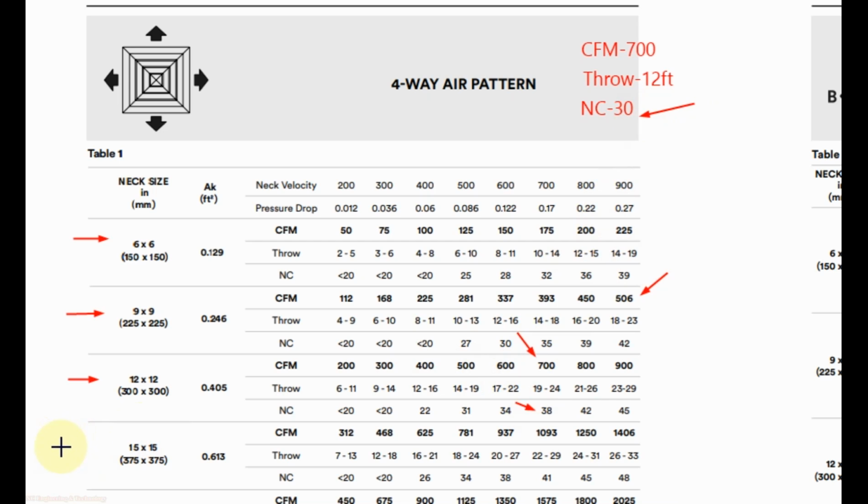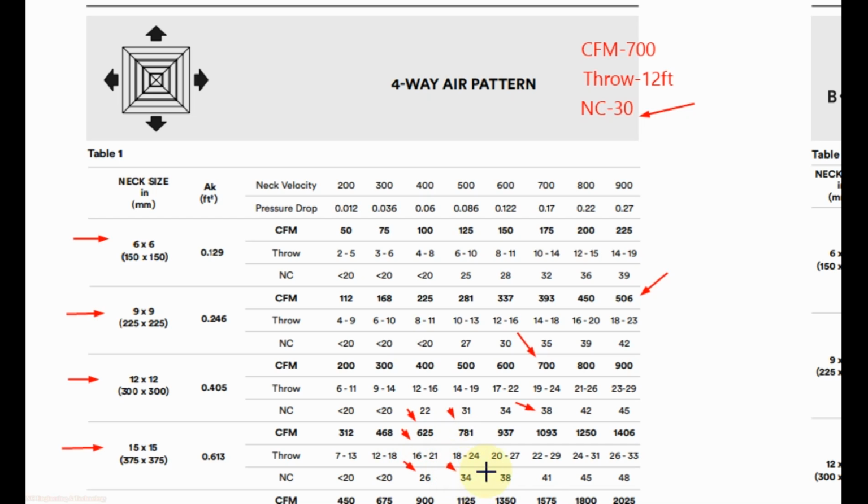Then we go for the next row, which is 15 by 15 inch. Here we have a CFM of 625, which is less than 700. Then the next CFM is 781. Let us see the throw for these. Throw is 16 to 21, which is more than 12, so throw is okay. Then see the NC level. For 625 it is 26, and for 781 it is 34.